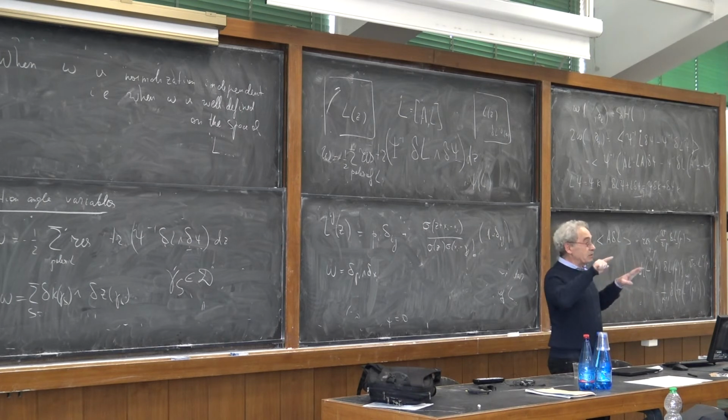Only after restriction to these leaves does it become closed, non-degenerate. As a form written in terms of L, it's not closed, it's senseless. But still, there are a lot of applications. So maybe better understanding is ahead of us, but I don't know.